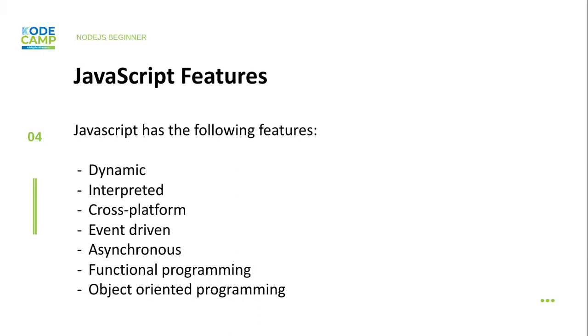But let's just say when we talk about it being dynamic, we are talking about, is it being strongly typed or is it being loosely typed, right? So it has to do with type. So now that's one of the reasons why you have TypeScript, right? TypeScript is more strongly typed, right? It has strict types, but JavaScript doesn't have that. JavaScript is just dynamic, however you want to use it.